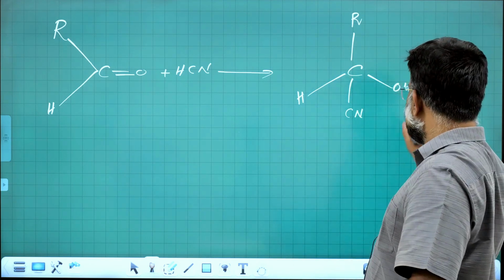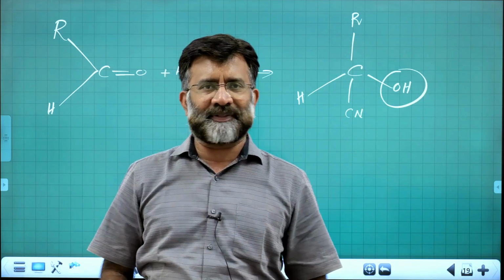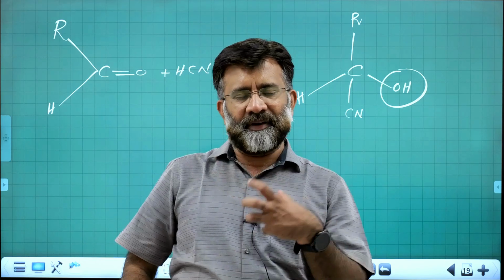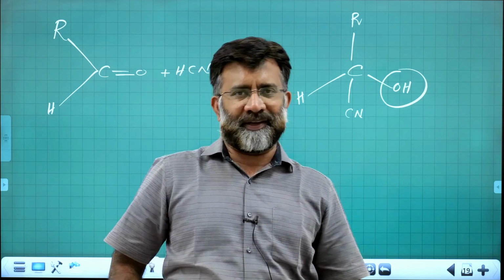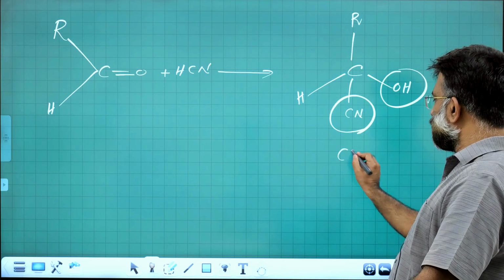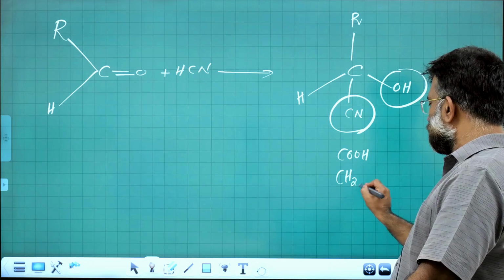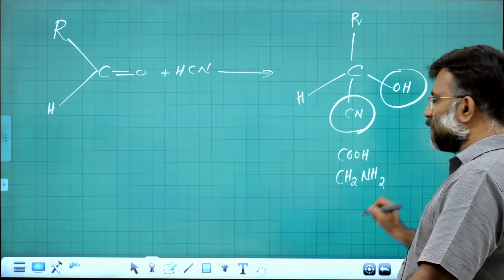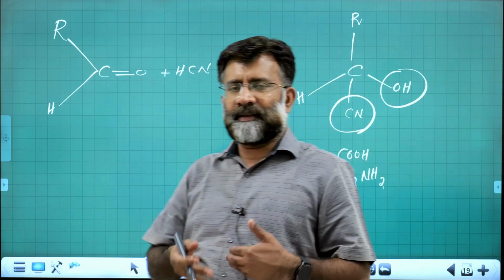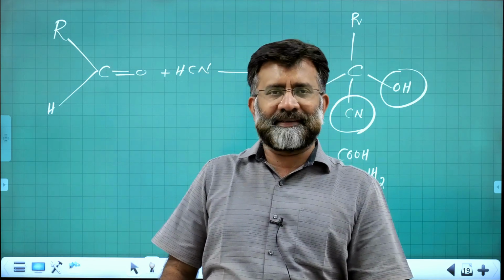Very simple. This OH group can be substituted with various other groups. You can bring in various other groups in the place of OH, number 1. Number 2, this upon hydrolysis, you can get carboxylic acid. This upon reduction, you get amine. Hope you understand. So CN can be made into carboxylic acid or amines, right?